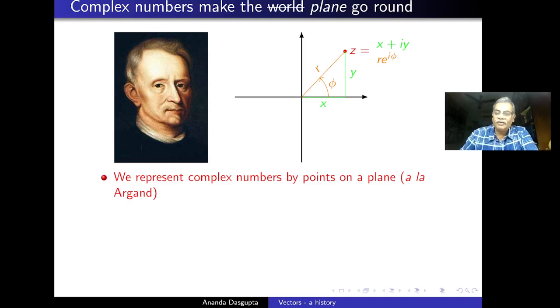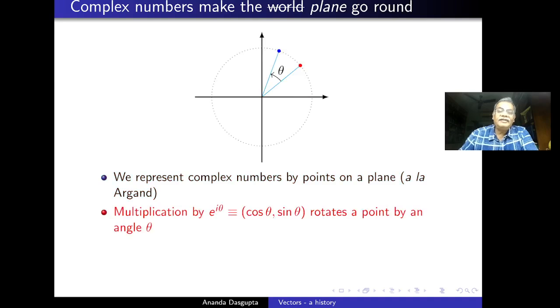Now, one very important consequence of this result is that if you multiply a complex number, say r e to the i phi, this red point here, by e to the i theta, which has cos theta and sin theta as the real and imaginary parts, what you are going to get is the number r e to the i phi times e to the i theta, that is r e to the power i phi plus theta.